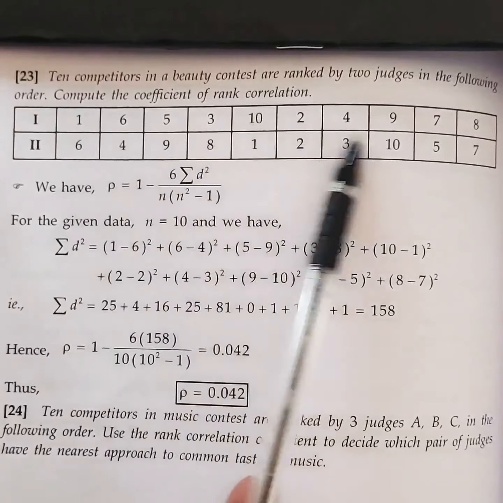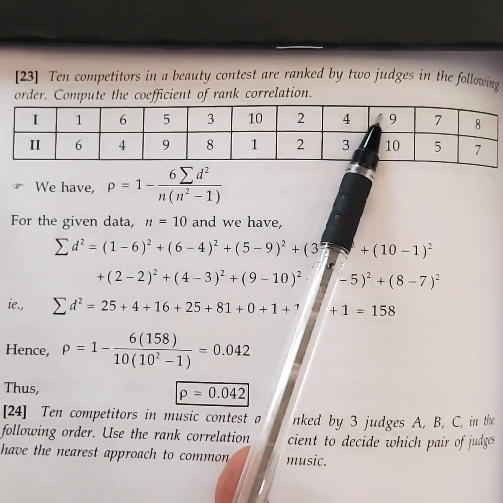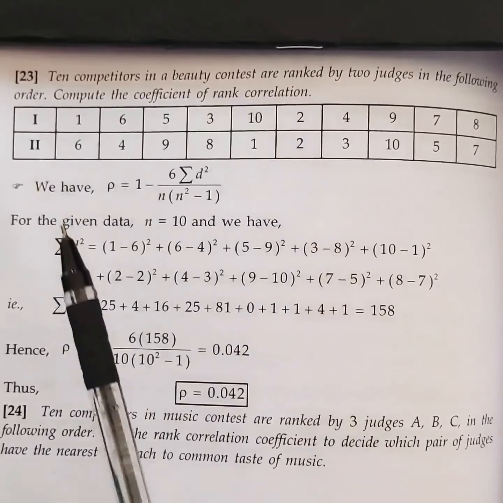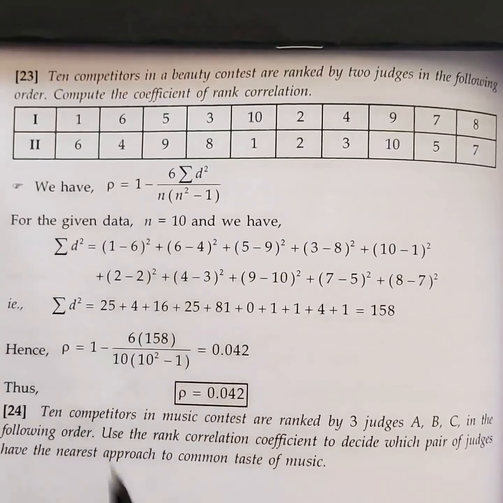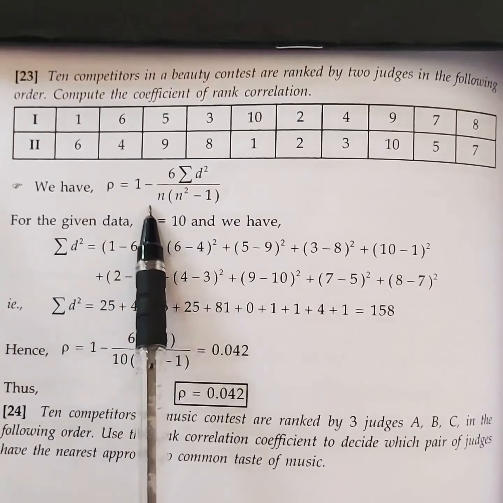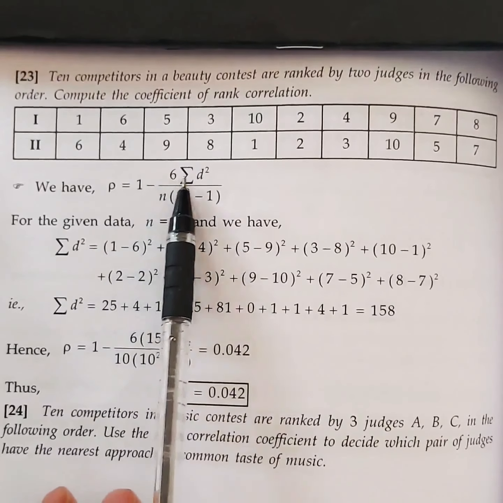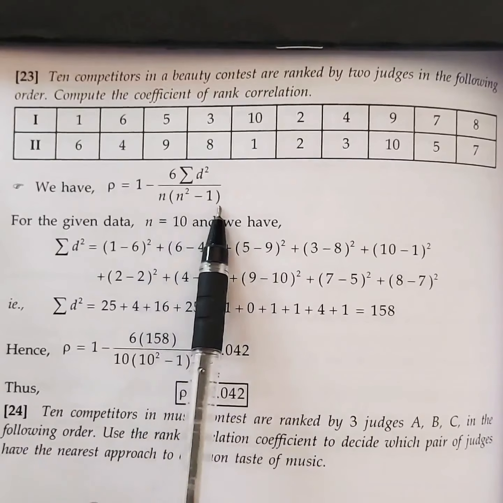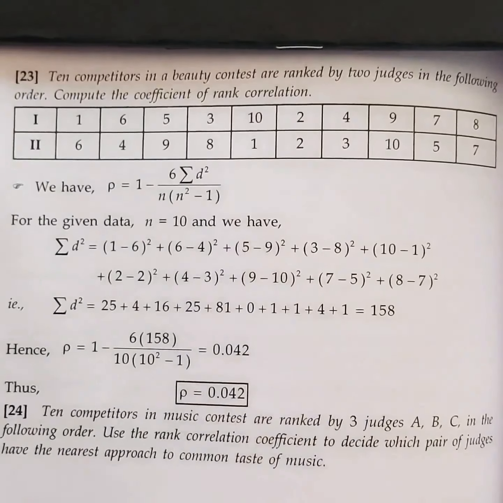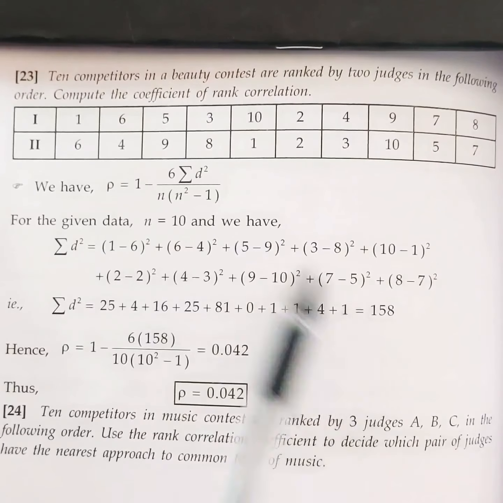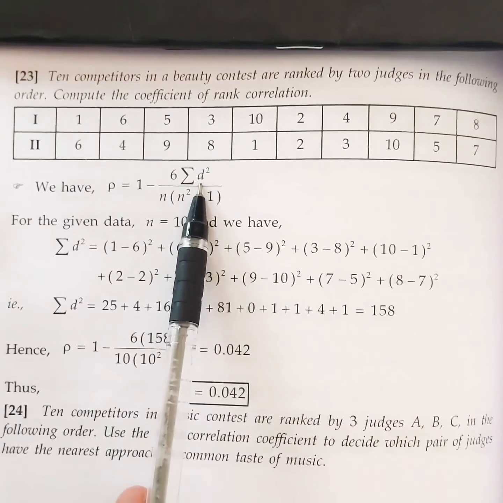Nowhere are the ranks repeated. It means 6 is not given to any other person in the first row. So, the ranks are not repeated, and you can use this formula: rho is equal to 1 minus 6 into summation d square by n into (n square minus 1). If you want, you can write this in the form of a tabular column, or you can write it directly, because d is nothing but the difference.